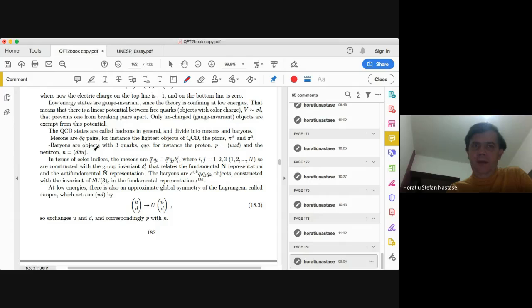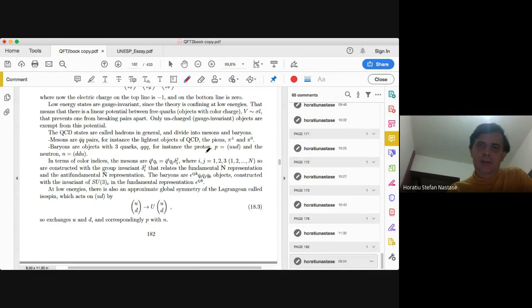Then we have the baryons, which are objects with 3 quarks, QQQ, and that includes the proton. The most common are the proton, which is up, up, down, and the neutron, which is down, down, up. You can check that the charge is what you expect.